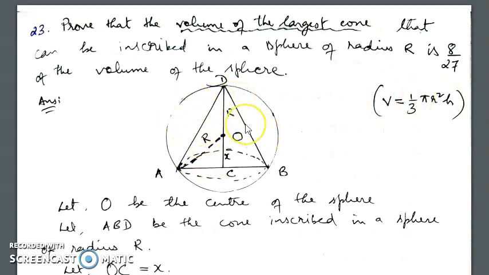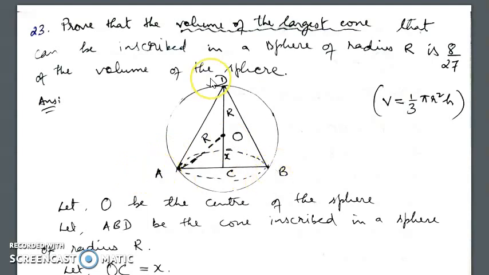So now we have drawn this one. This is a sphere. I cannot draw a sphere, so I draw a circle. This will represent a sphere, and then a cone is inside. The radius of the sphere is given as capital R. So the radius of the sphere from O to D is R, from A to O it is capital R. O is the center of the sphere.